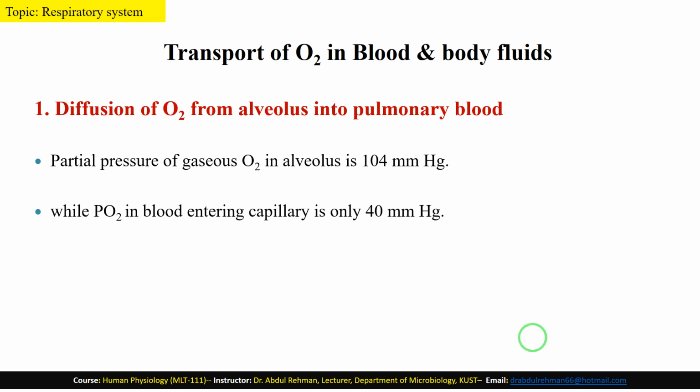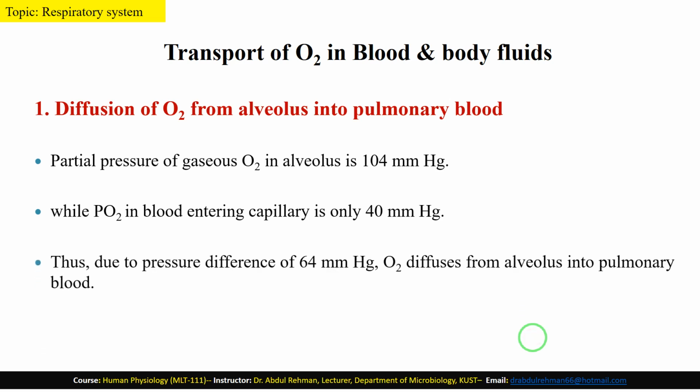So this pressure difference causes diffusion of oxygen from alveoli into the pulmonary blood, because diffusion is the phenomenon where molecules move from higher concentration towards lower concentration. So in the first step, oxygen from alveoli enters the pulmonary blood.